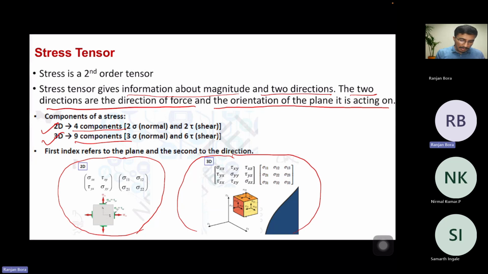And here, like sigma xx, the first index refers to the plane on which it is acting, and the second refers to the direction.